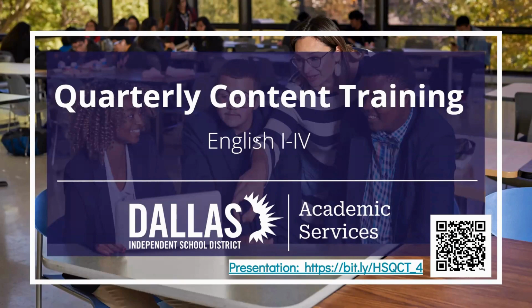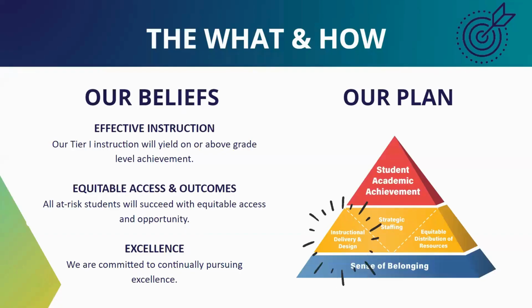To frame our work, we will look at the what and the how. What we believe is that we should focus on effective instruction, equitable access and outcomes, and continual improvement toward excellence. Of the 4 strategies that will guide us in our path toward student achievement is the focus on instructional delivery and design.